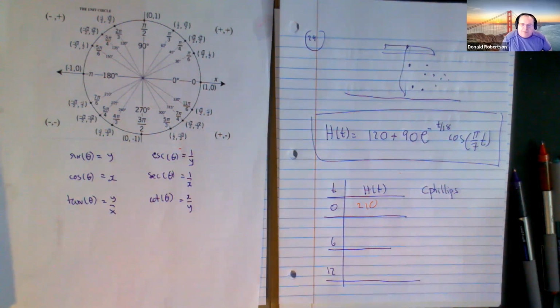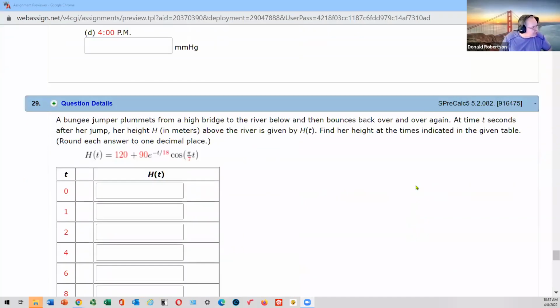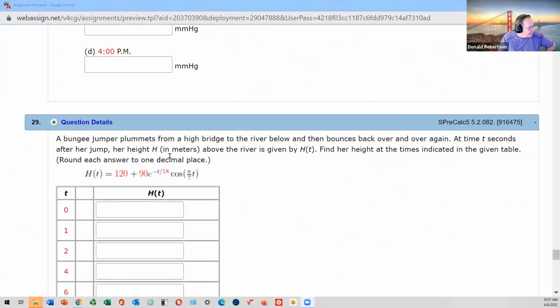Now, let me return back to the homework screen and show you what that question looked like. Okay, so here's the bungee jumper. You see that equation I was talking about, that one there? You would put in here 210, and then the next answer I have is 196.7. And so on.